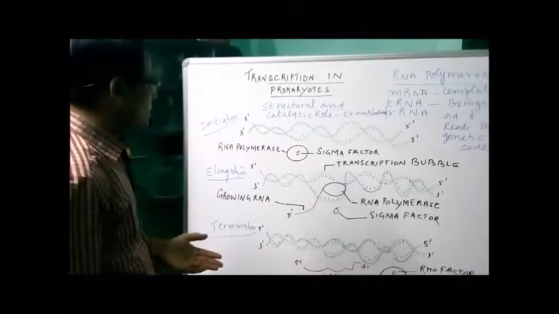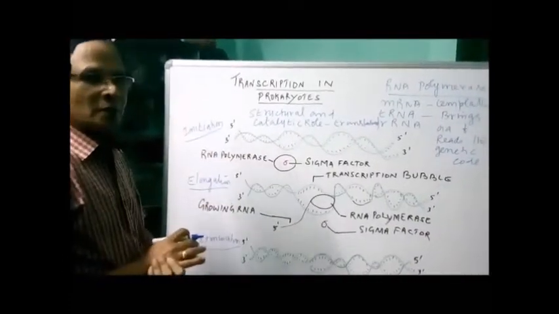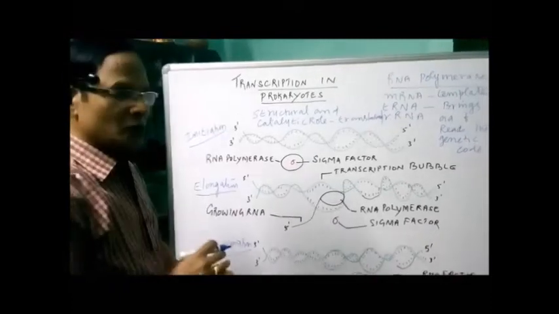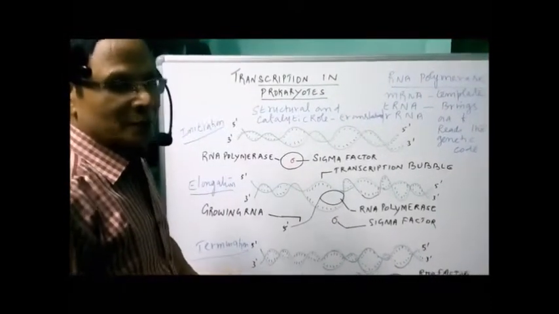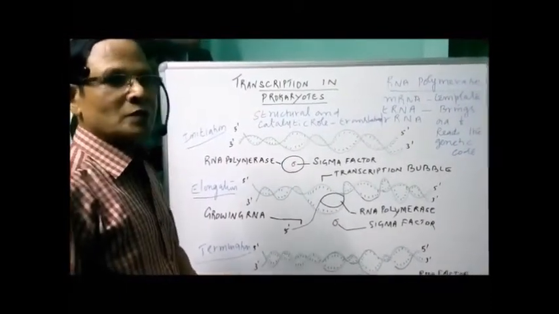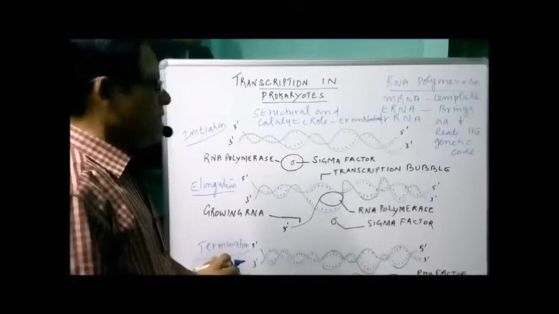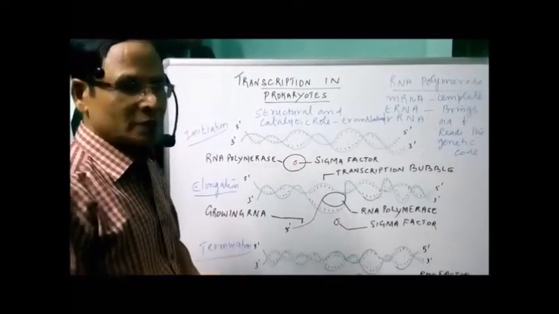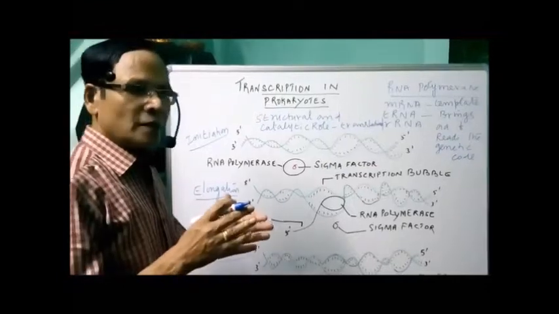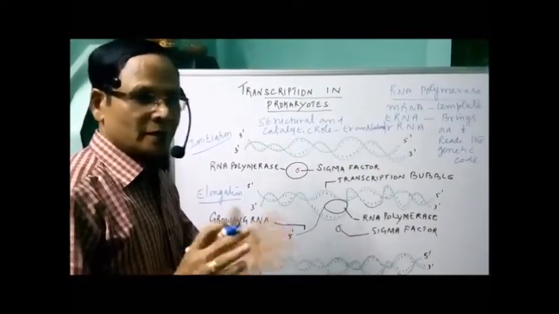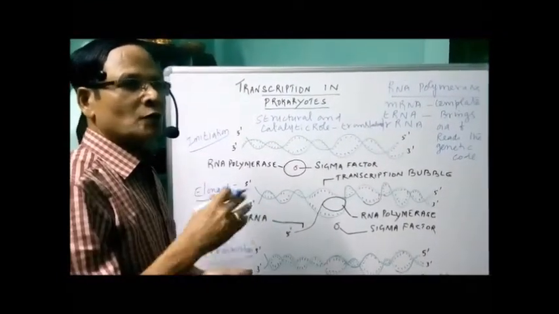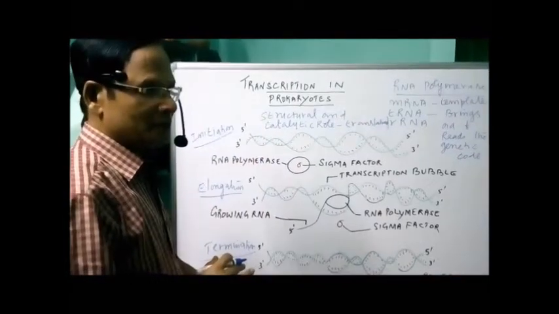Now, what will happen? The RNA polymerase utilizes the substrate in the form of nucleoside triphosphates, in a template dependent manner, following the rules of complementarity.